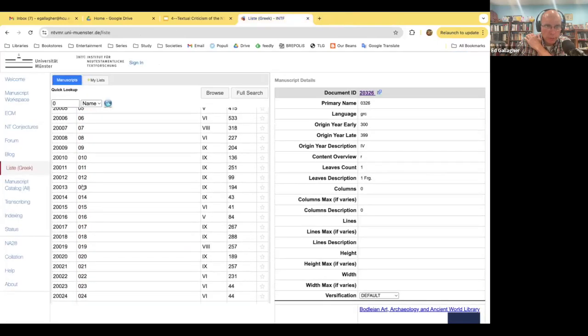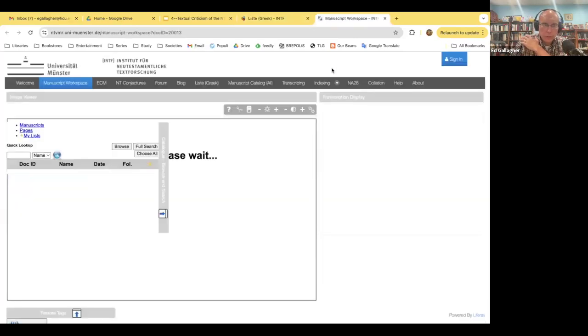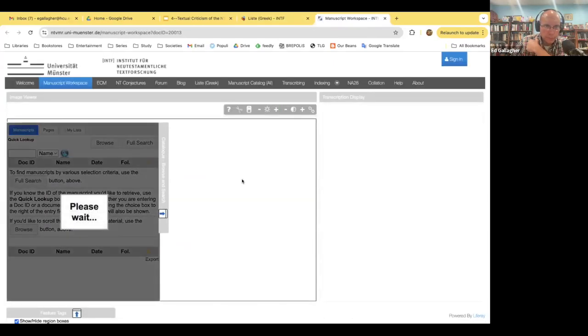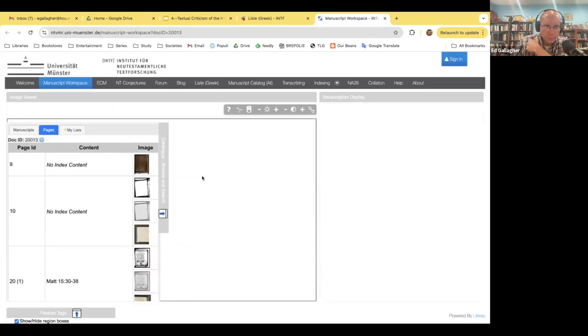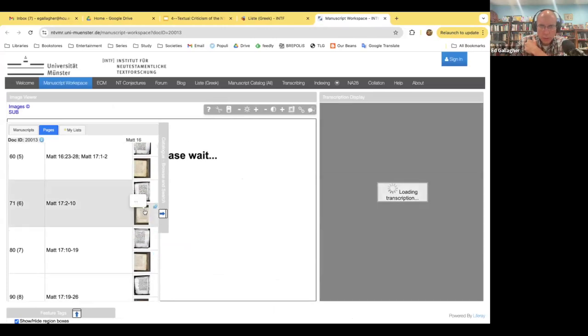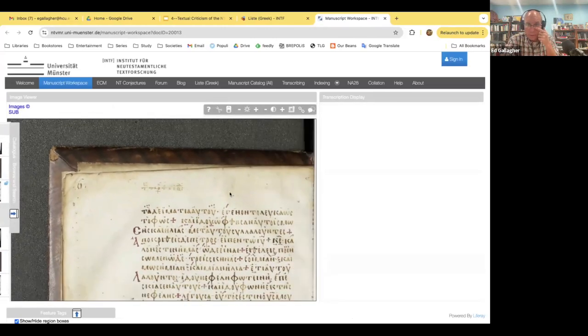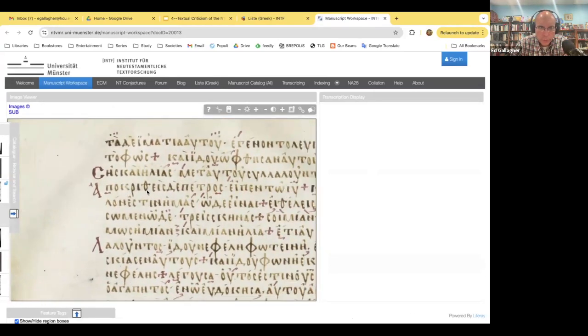Let's go to, I don't know, 013 from the 9th century and see if we can get pictures of that one. Yeah, there are pictures of this majuscule, so you can click on it and see. No transcription this time, but you can zoom in to it and take a closer look.